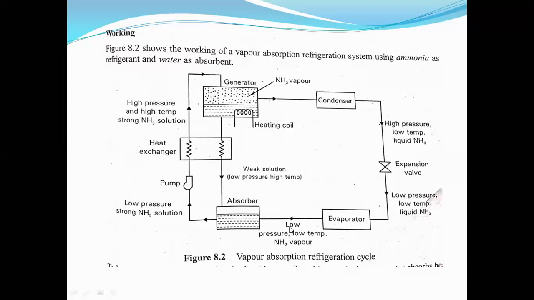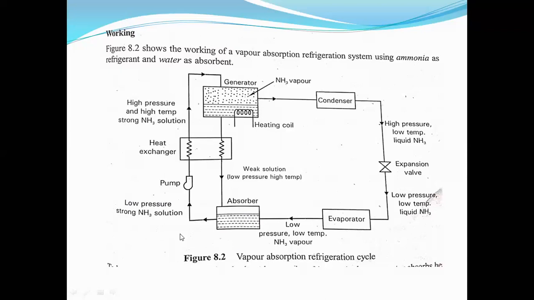There is no change in pressure and temperature, that is low pressure and low temperature only. So after passing through the absorber, ammonia becomes strong. This is how the ammonia vapor passes through the absorber.